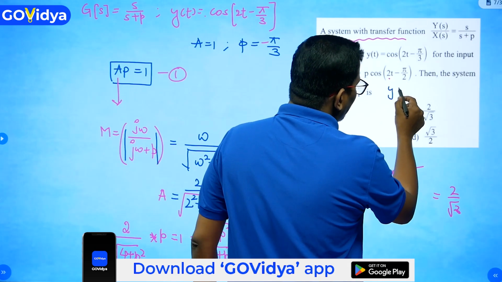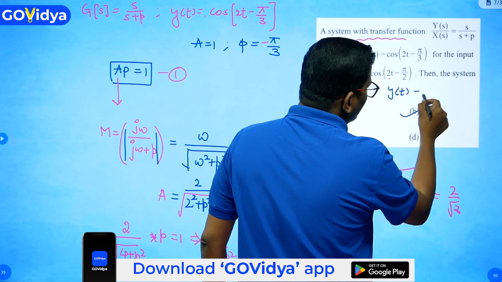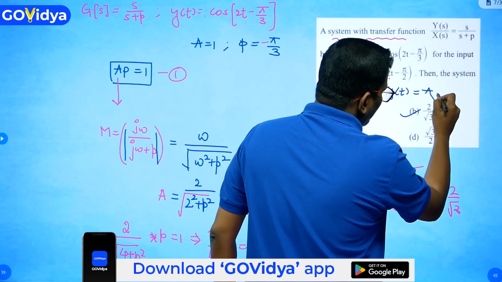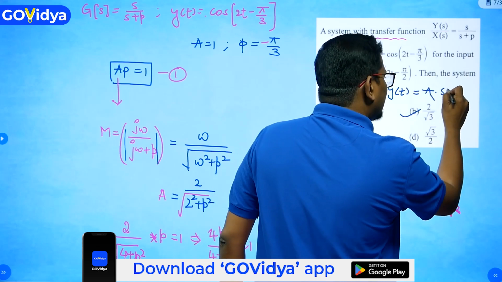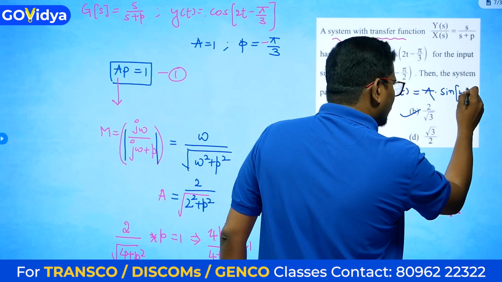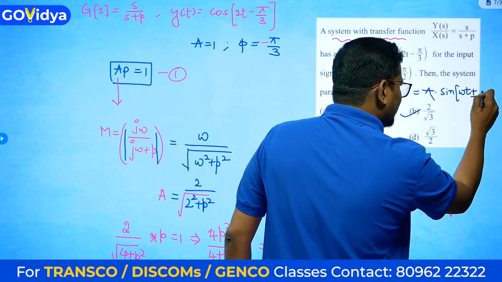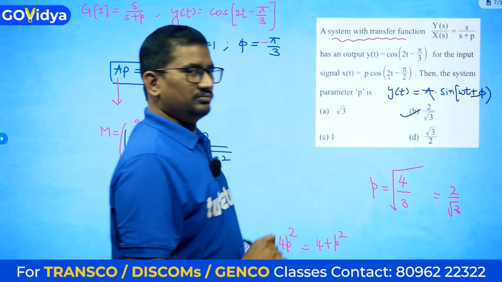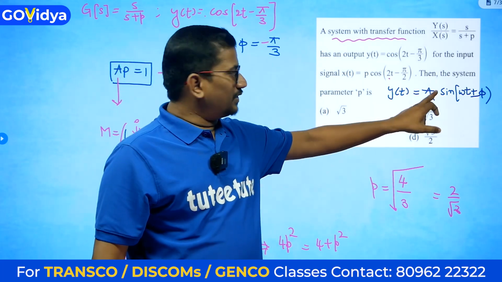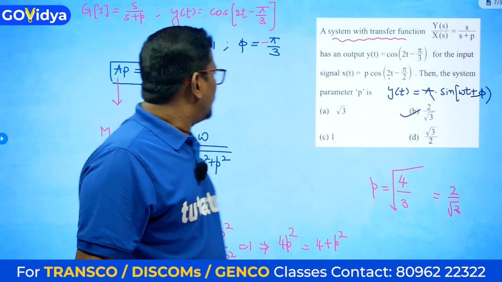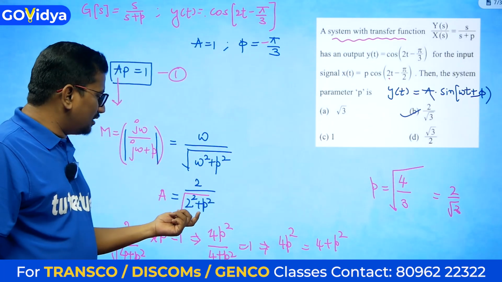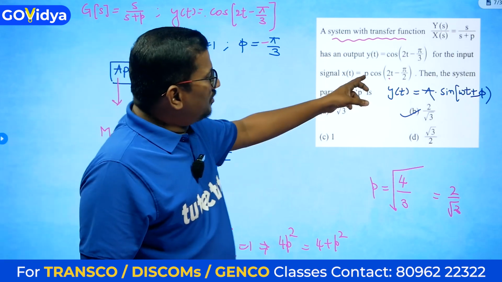Generally, we will represent it like y of t is equal to A into sine of omega t plus or minus phase. So I need to get this. First I need to calculate the magnitude A. If I calculate the magnitude A, I got this one. But the input is already there, na?